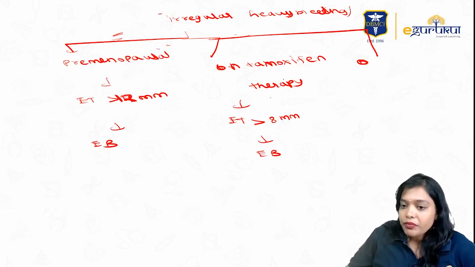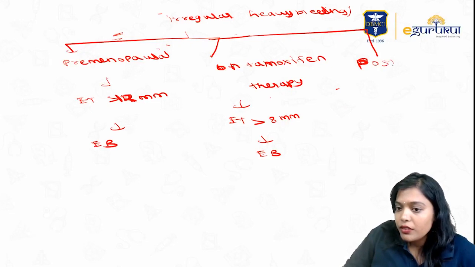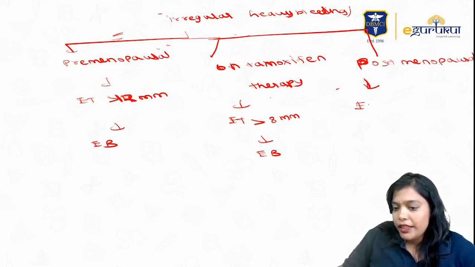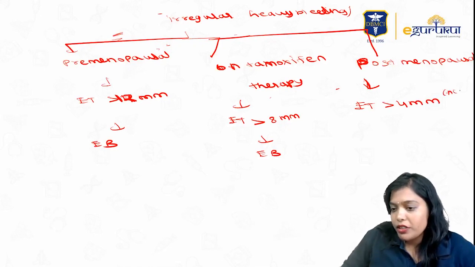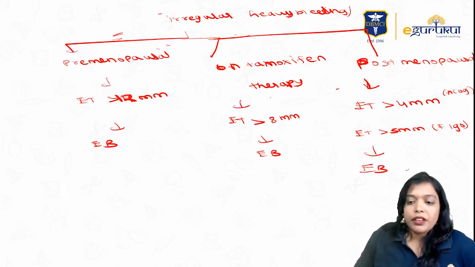And if she is postmenopausal and ET is more than 4 mm according to ACOG, and more than 5 mm according to FIGO, then also you have to go for endometrial biopsy, right?